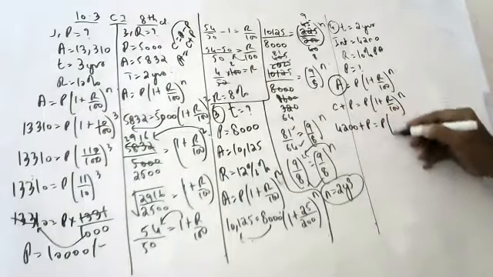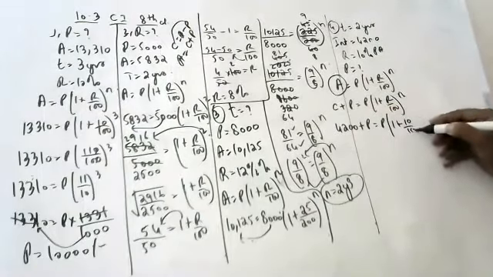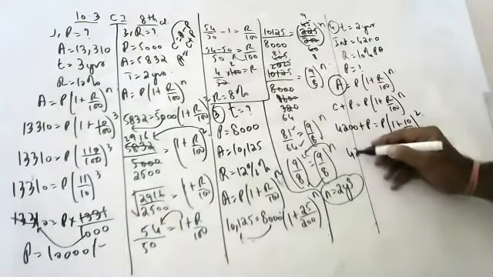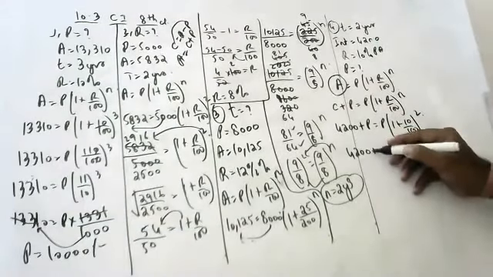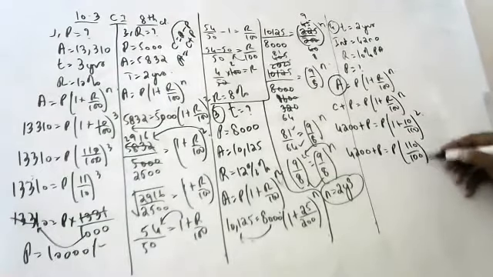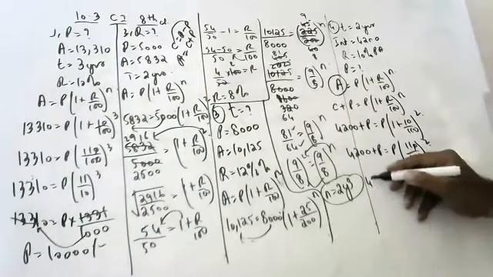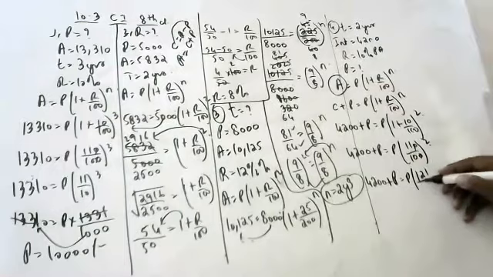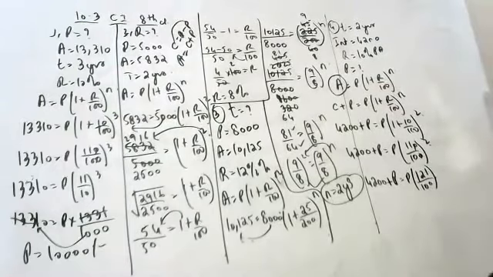4,200 plus P is equal to P into (1 plus 10 by 100) whole to the power 2. Zeros cancel. 4,200 plus P is equal to P into 121 by 100.